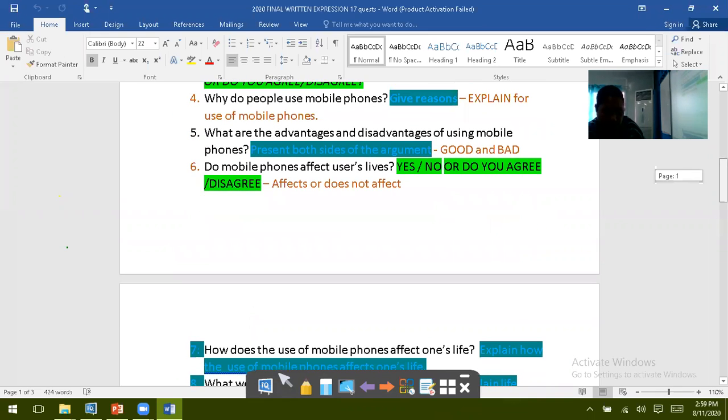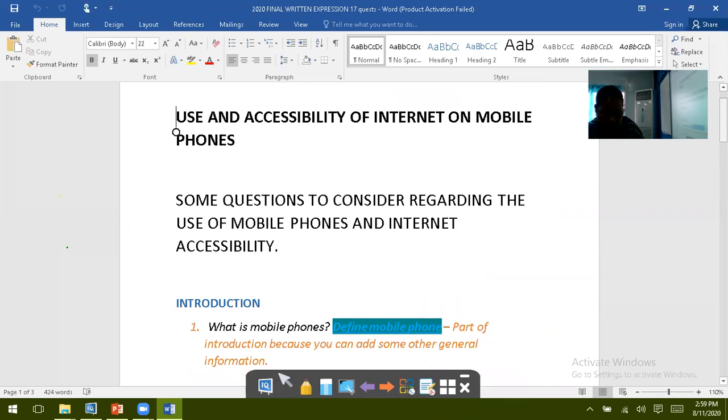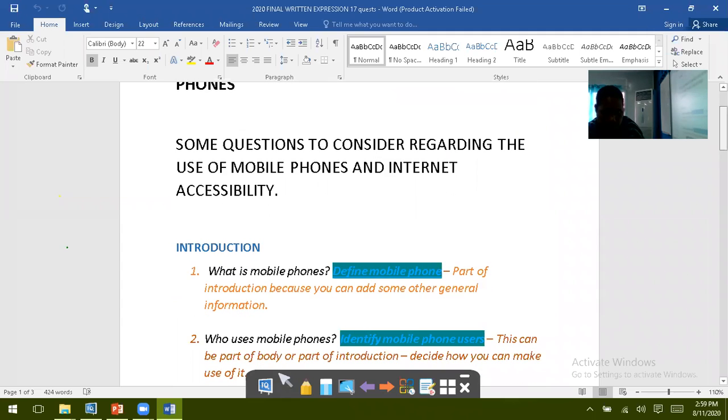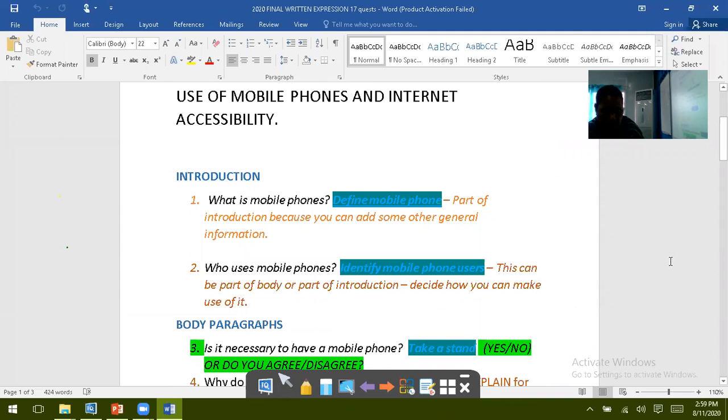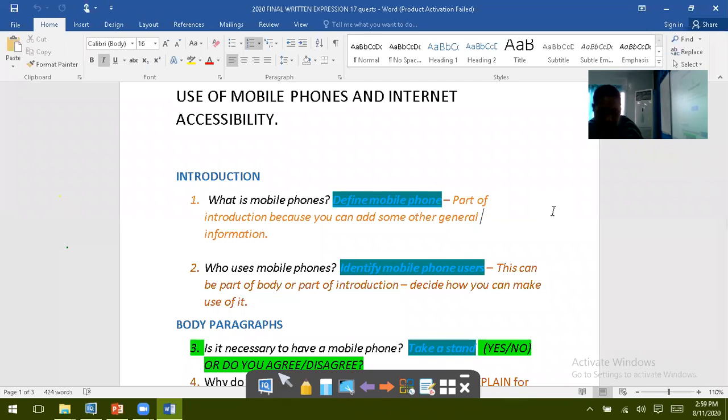But I've already given you the skill of how you're going to predict what the expected question is. Just collect your information according to that. And do some counter argument, do some reading around. Don't only just look at the booklet. Look at other interesting information about mobile phones.